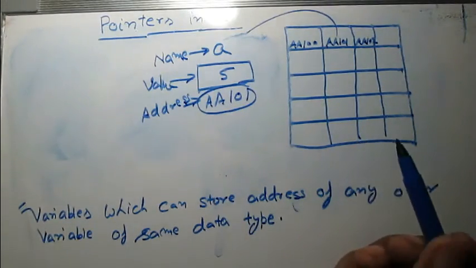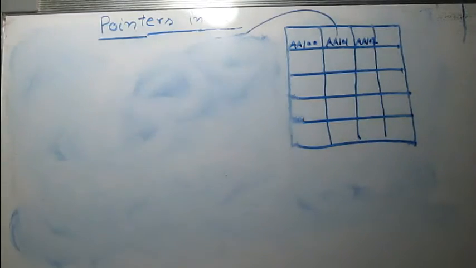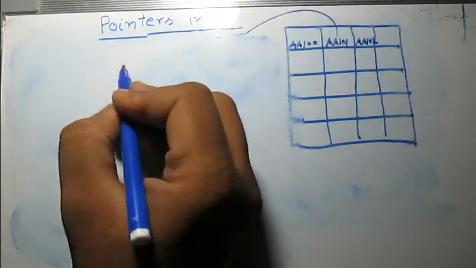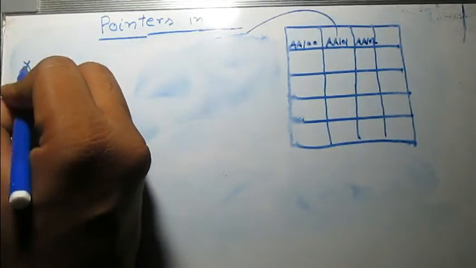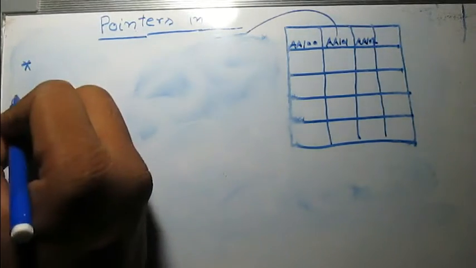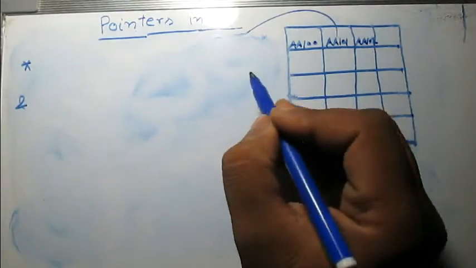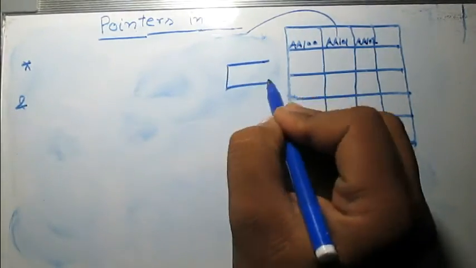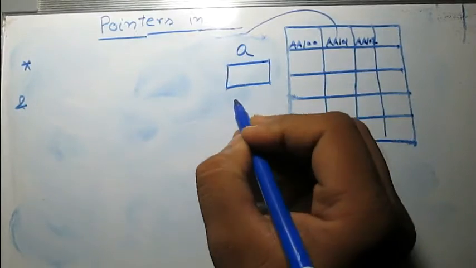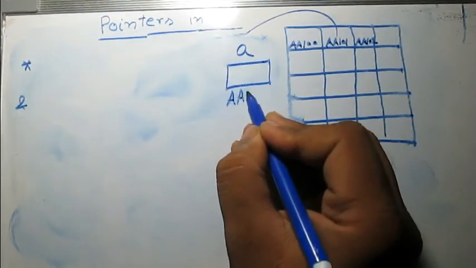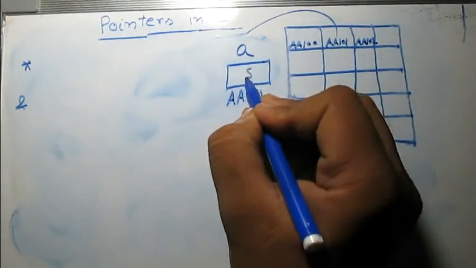Now how are these pointer variables declared? There are two operators. One is asterisk, other is ampersand. If I want to print the address of a variable, there is a very simple thing that you can do. This is the memory location, this is the content.